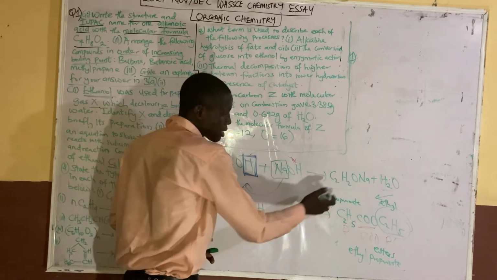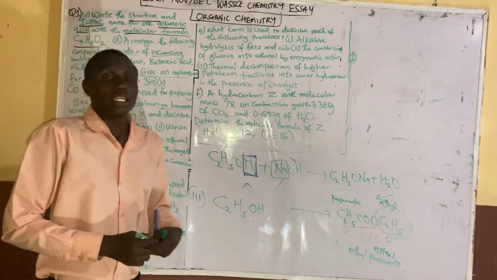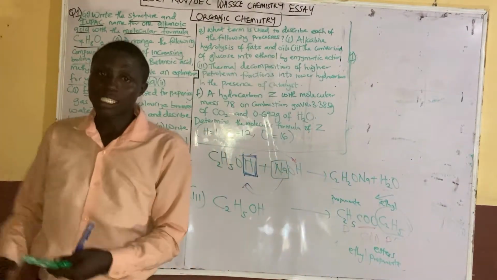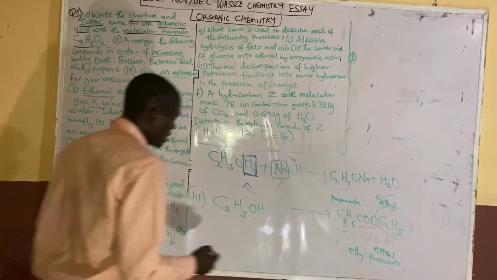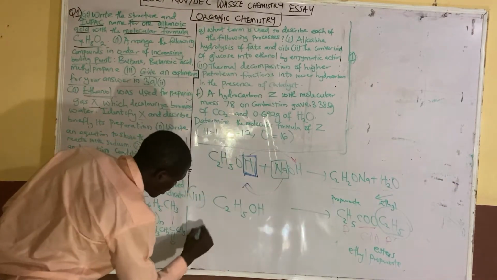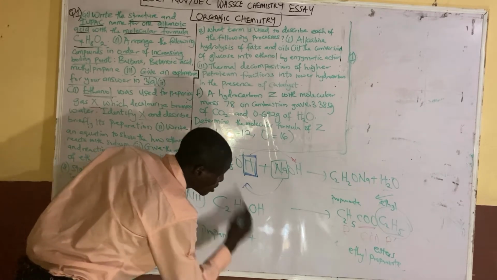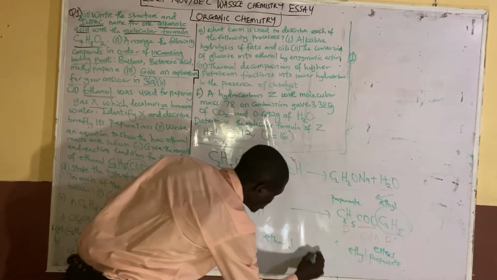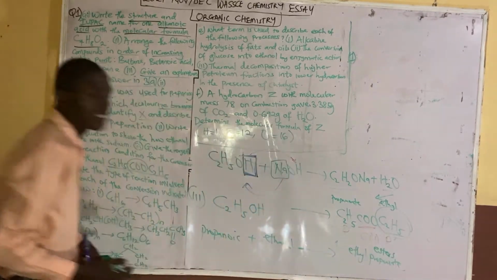Now, what else I'm going to have is propanoic acid, because it is the reaction between alkanol and alkanoic acid that will give us ester, propanoate. So propanoic acid plus ethanol will give me ethyl propanoate. That's my ester.